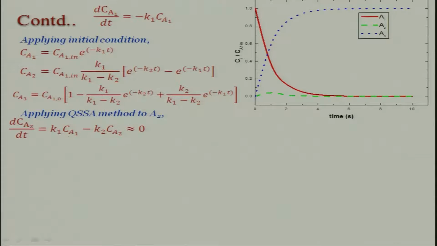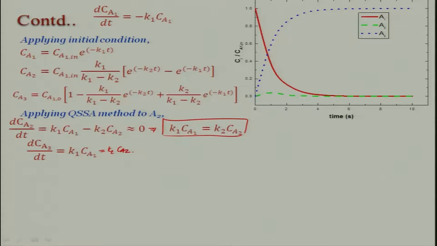By applying this method, we are saying that the intermediate species CA2 is not changing, I am saying it remains 0, the change is 0. Therefore K1 CA1 is equal to K2 CA2. It is a very simple one. Earlier, dCA3 by dt was K2 CA2, and now I am saying this is K1 CA1.